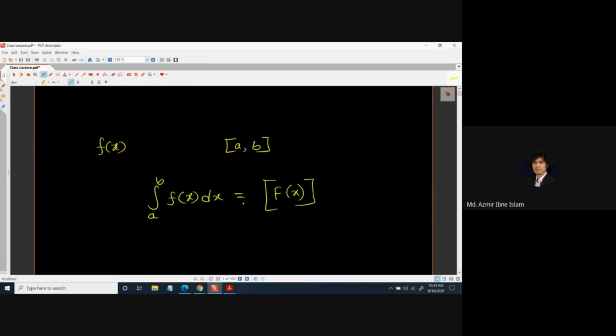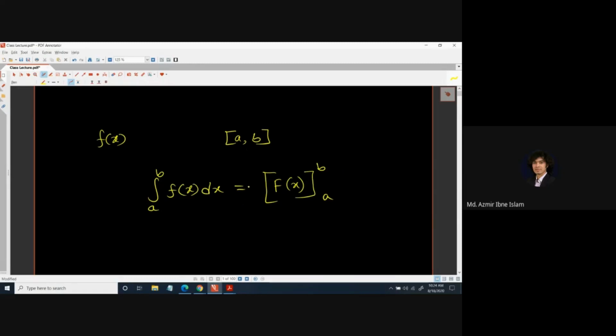It will finally be F of b minus F of a: the antiderivative at the upper limit, minus the antiderivative at the lower limit. This is called the fundamental theorem of calculus. Okay, this is going with Math 120.